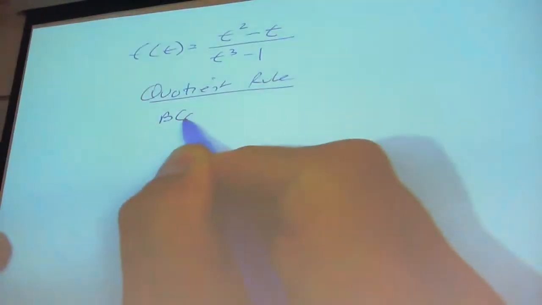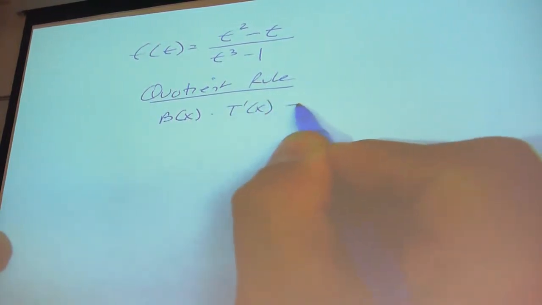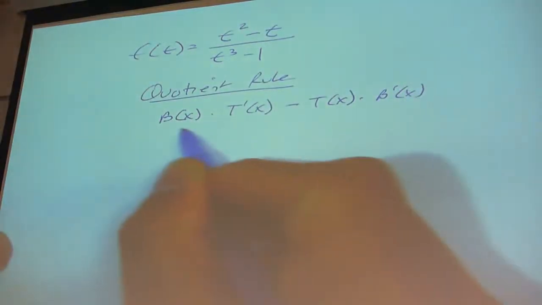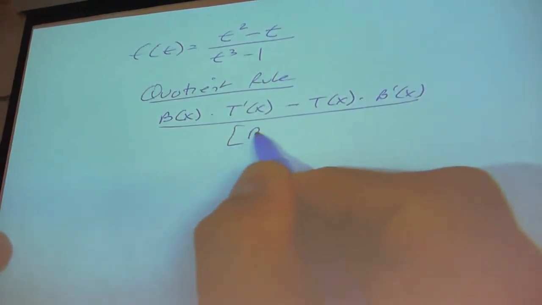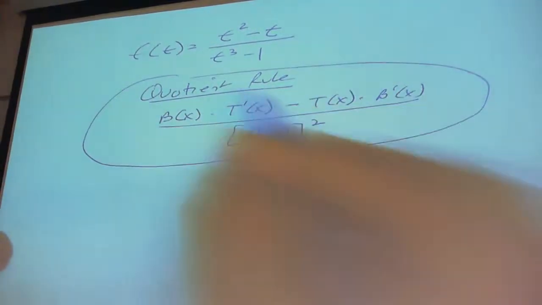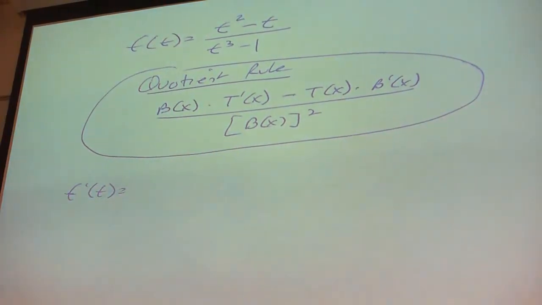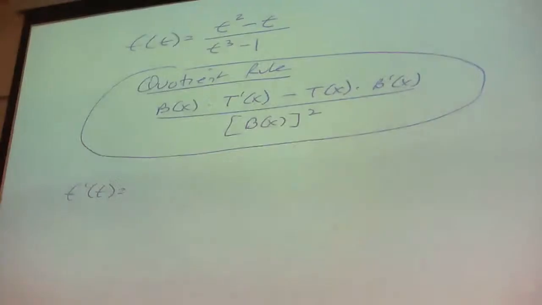Remember, original bottom times the derivative of the top minus original top times derivative of the bottom all over the original bottom squared. And just like last time, find the derivative and simplify the numerator only.